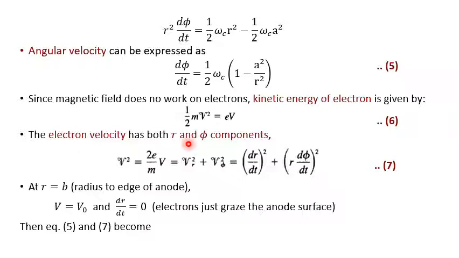From equation 6, you can write v squared is equal to 2 e V by m.